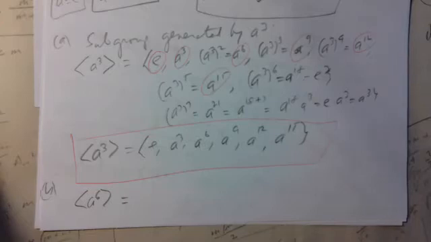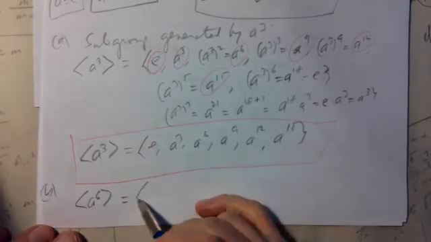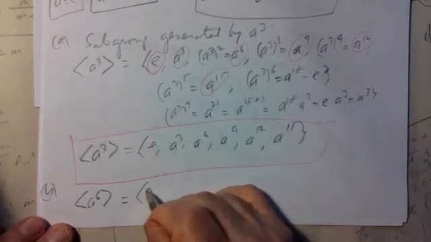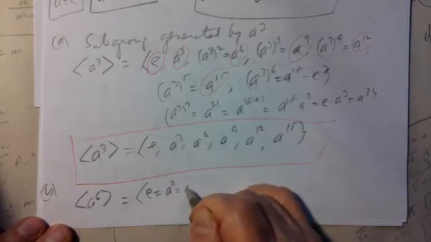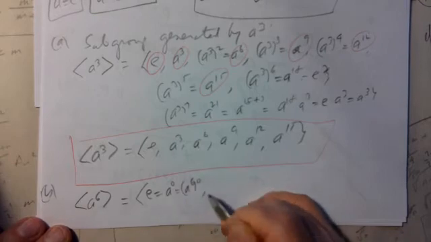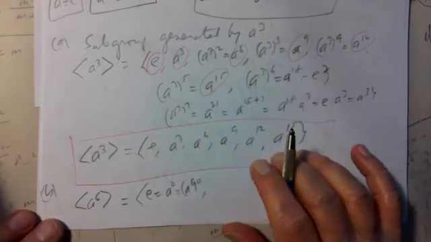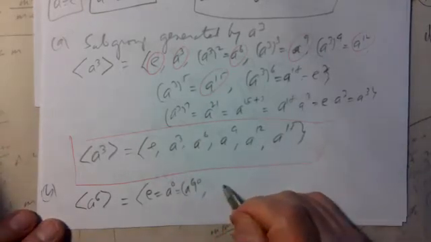It's just the powers of a to the sixth. So you have the identity, which is a to the 6 to the 0. Yeah, a to the 6 and a to the 12. Yes, thank you. Exactly right.